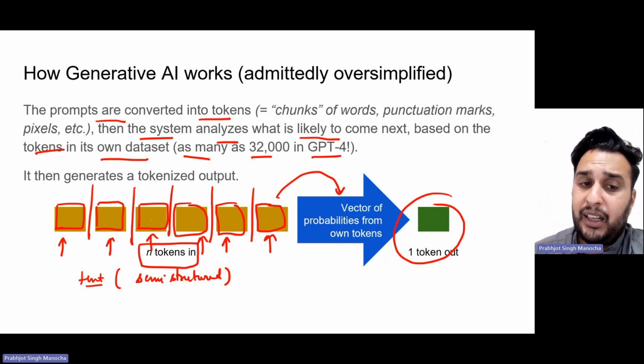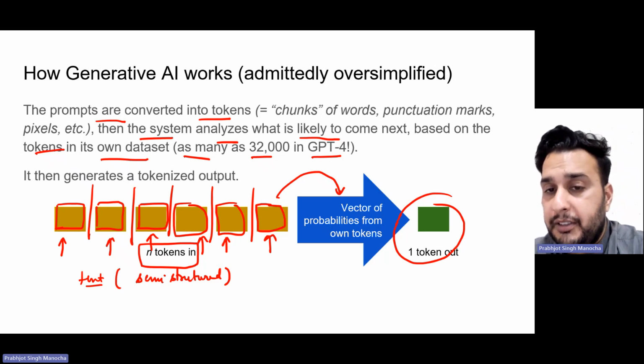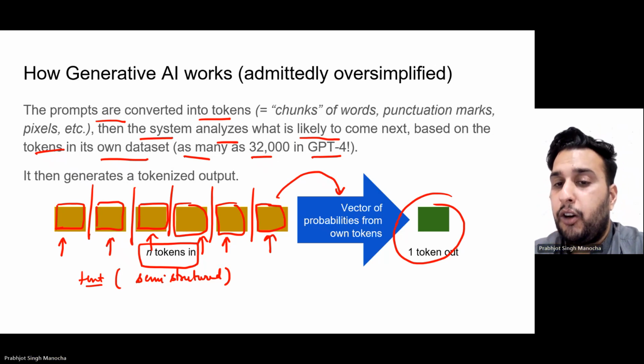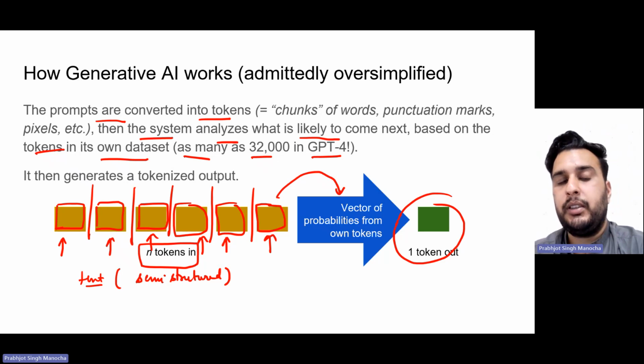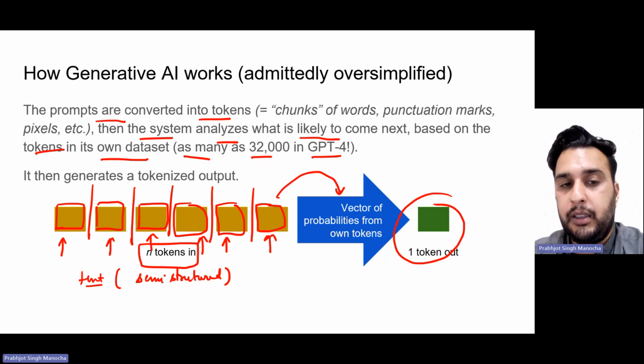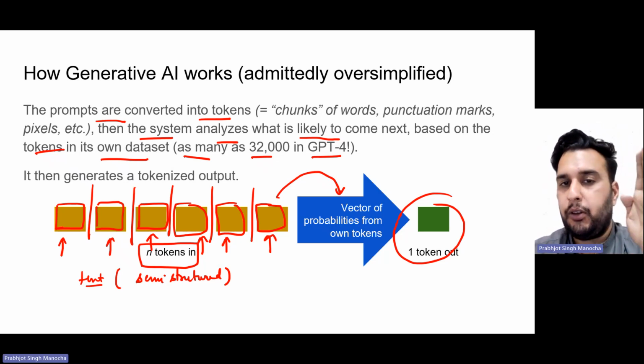Then the system analyzes, using these tokens, what results can be generated, or possibilities or probabilities, depending upon the tokens and its own data.